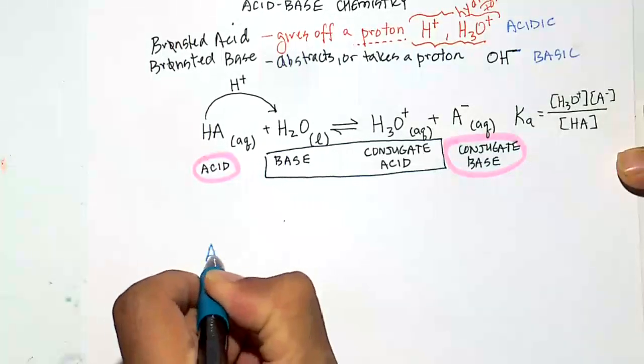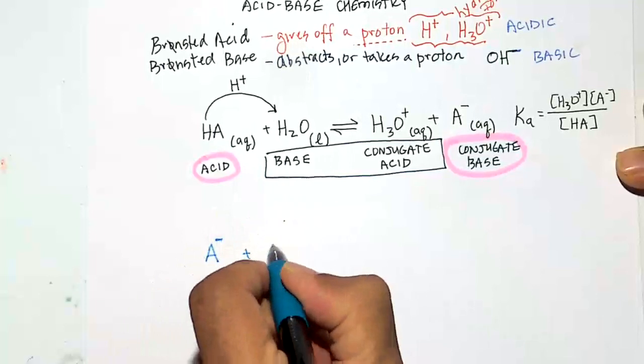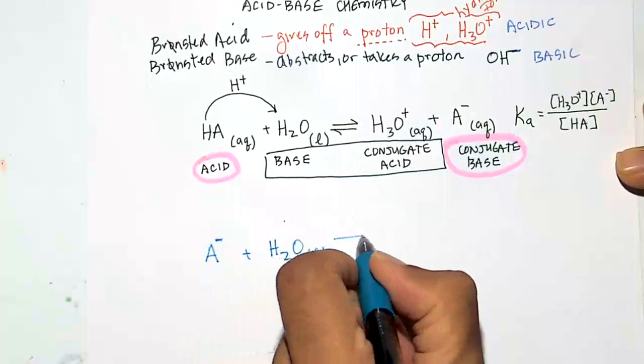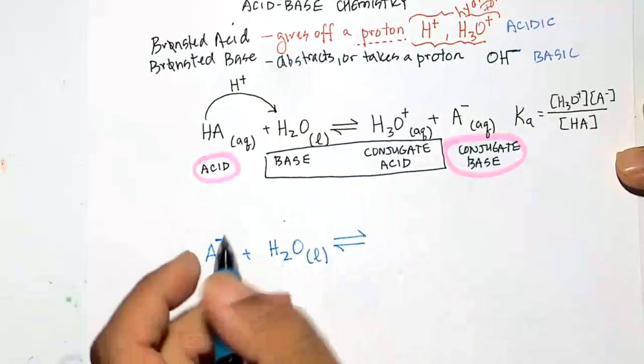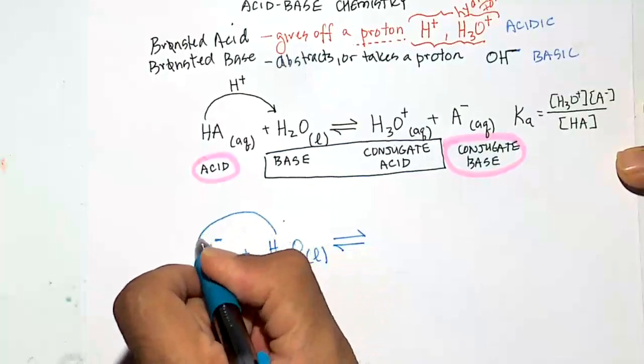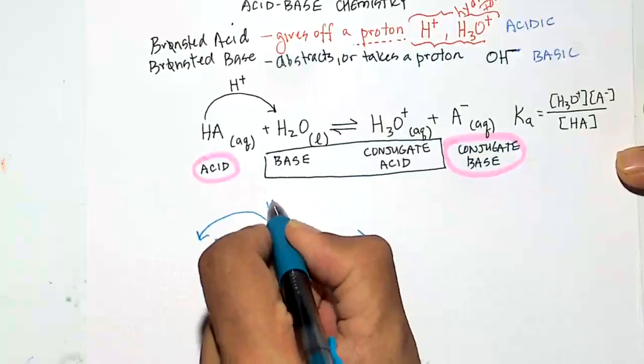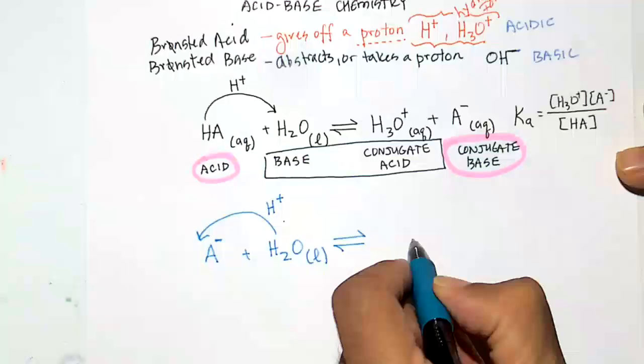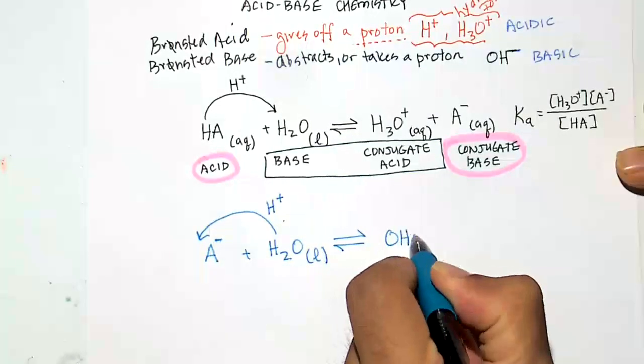This will be A minus. This is going to be the base, and it's going to react with water. This base is going to take a proton, H plus, and you're going to get HA and OH minus.